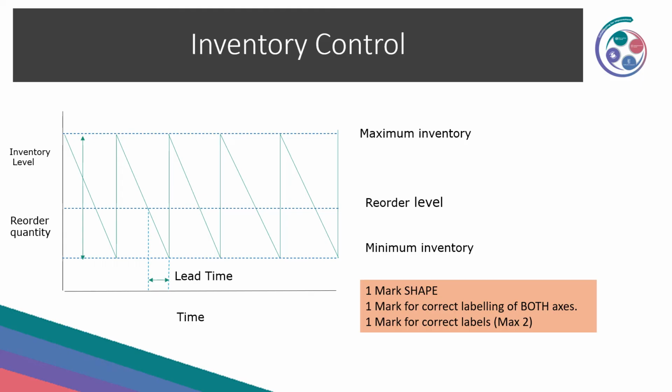And then you get a further 2 marks from the correct labels. So you could pick maximum inventory, minimum inventory, and you would get 2 marks. You wouldn't get a further mark for talking about reorder level. But if you were to get minimum wrong, say for example you got the wrong word, you could pick it up there.